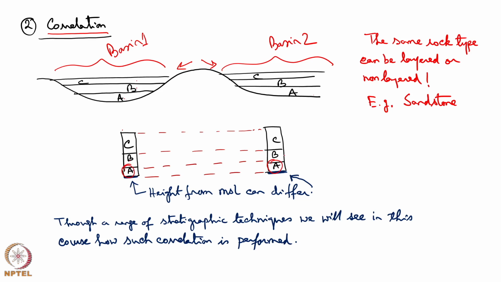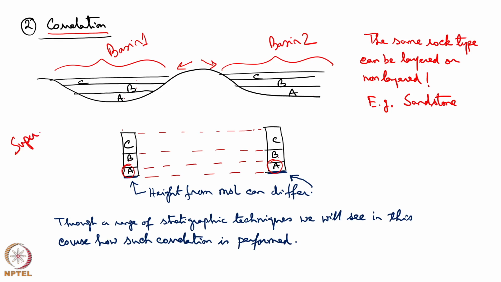Similarly, the B unit correlates with the B unit, and the C unit at the topmost layer correlates with unit C. Now, this is for the beginners' presentation, and in this NPTEL lecture I will be talking about different correlation techniques used in stratigraphy, and you will eventually see that this diagram is a super simplification. The actual correlation is much more complicated than this.